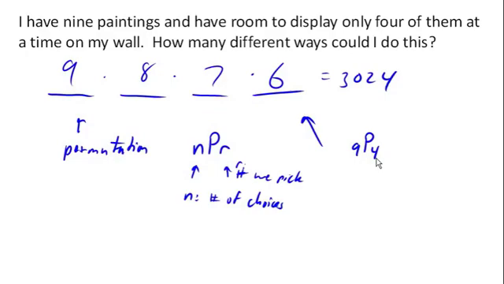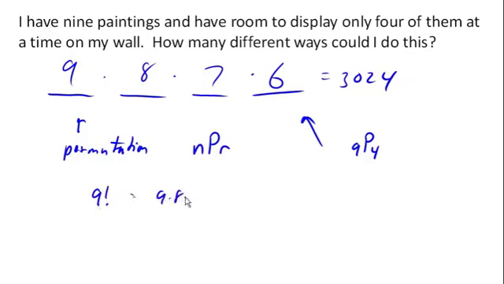Now, there are several ways to calculate a permutation. One is the way we just did it, which is to just multiply 9 times 8 times 7 times 6. Another way to do it is to use factorials. You'll notice that this looks a lot like 9 factorial, which is 9 times 8 times 7 times 6 times 5 times 4 times 3 times 2 times 1, but it's not as much, right? We don't have the 5, 4, 3, 2, 1.